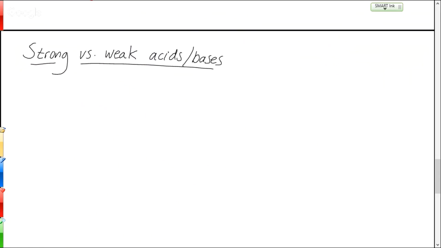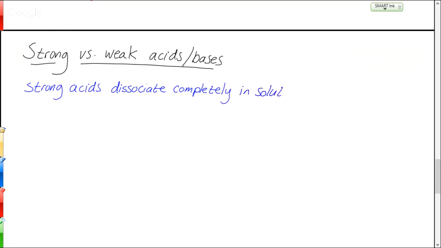The strong and weak words in acids and bases refer to electrolytes, so how well they form ions in solution. And that's actually an equilibrium thing. So a strong acid, we define them by saying they dissociate completely in solution.